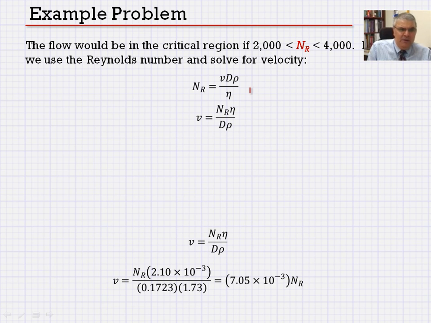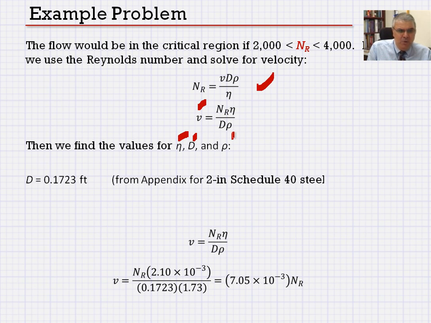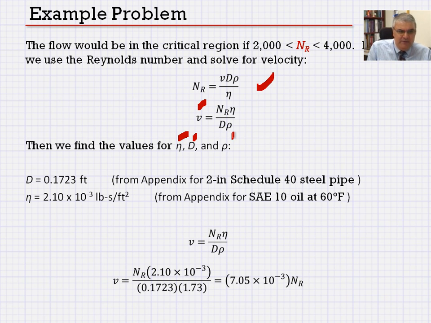The form of the Reynolds number is given here. We do some algebraic manipulation, and from here we express everything in terms of velocity. Then we need to find nu, D, and rho. D is the diameter of the pipe. It is given in the appendix in the book for a 2-inch Schedule 40 steel pipe.